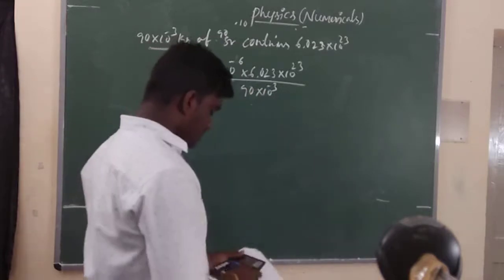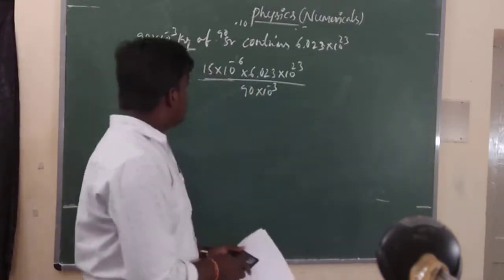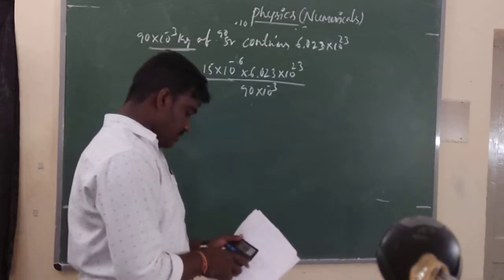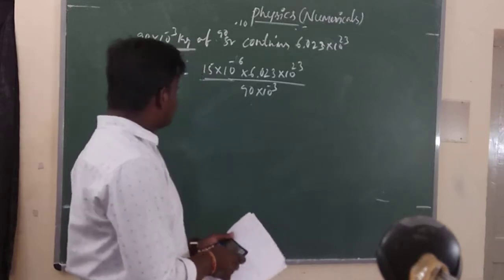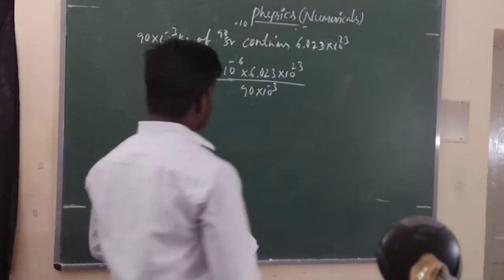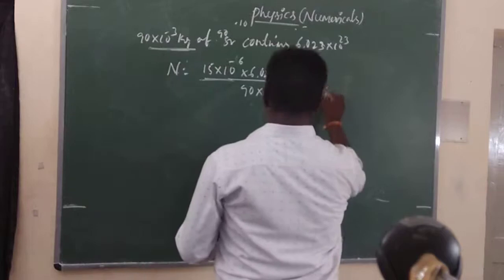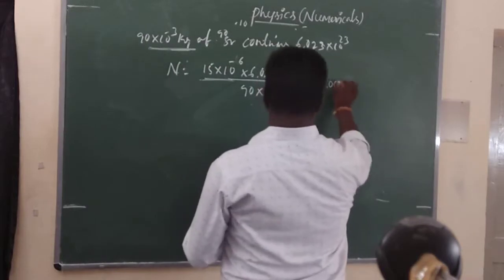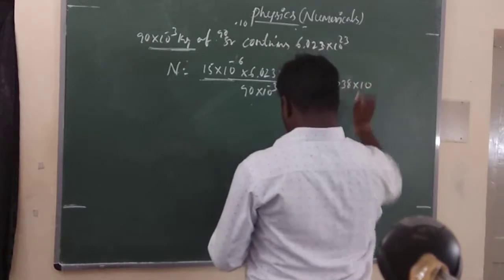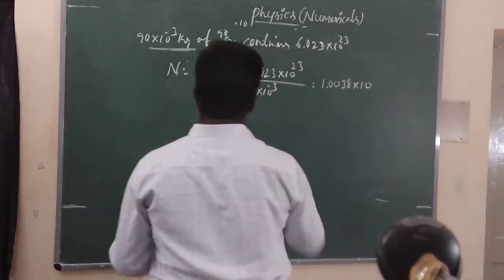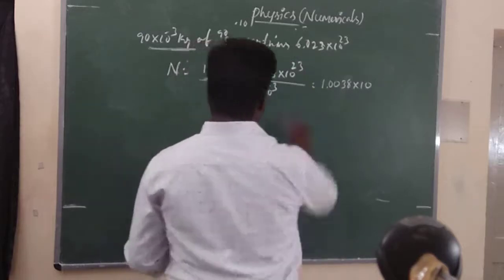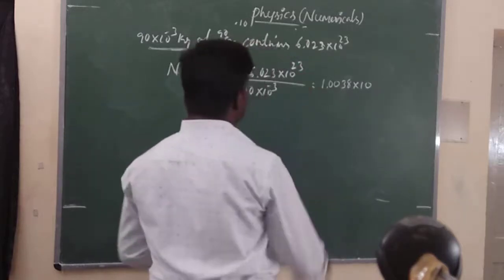So simplify that: 15 into 6.023 divided by 90, that is 1.0038 into 10 to the power of 23 minus 6, that is 17.